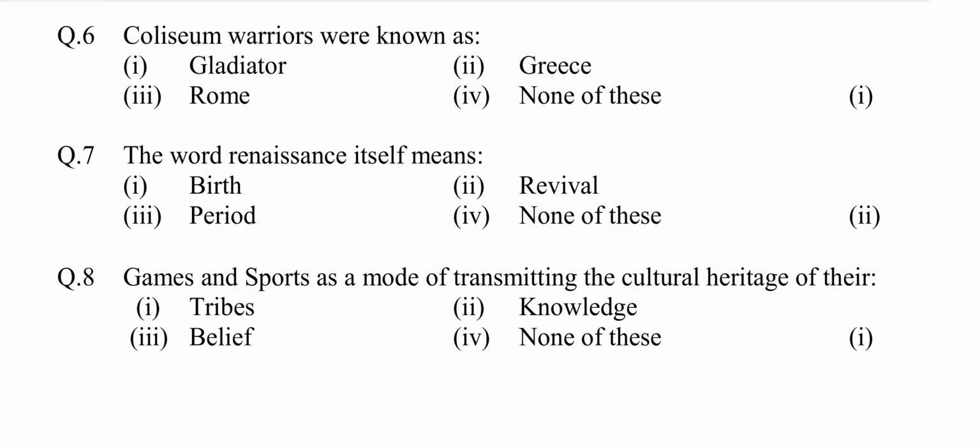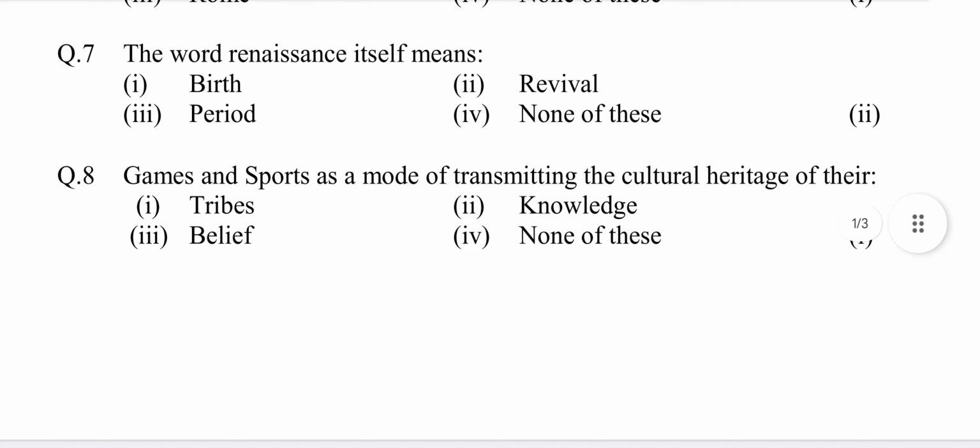Answer is option first, gladiators. Question number 7. The word renaissance itself means: option first worth, second revival, third period, fourth none of these. Answer is option second, revival.